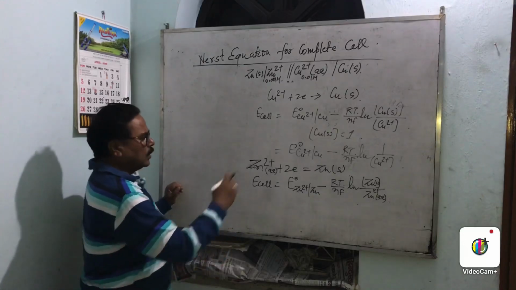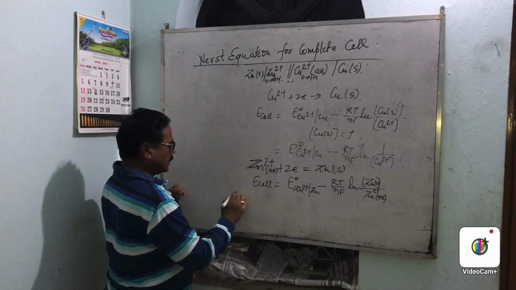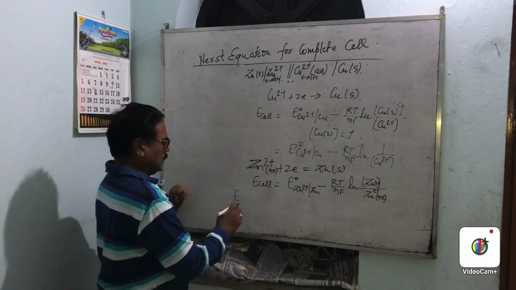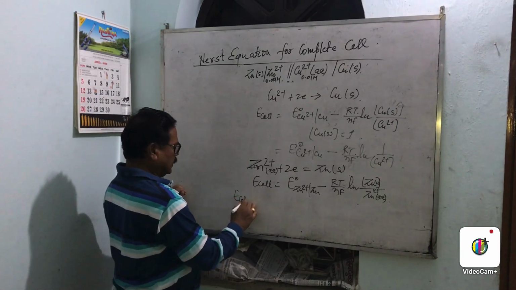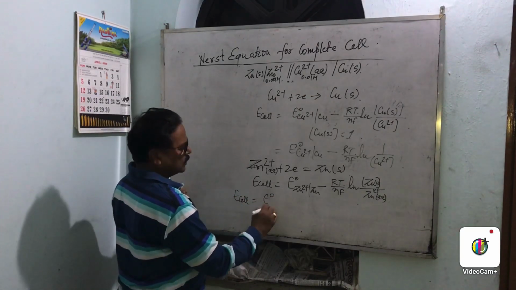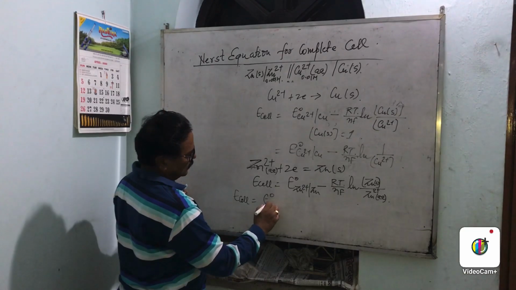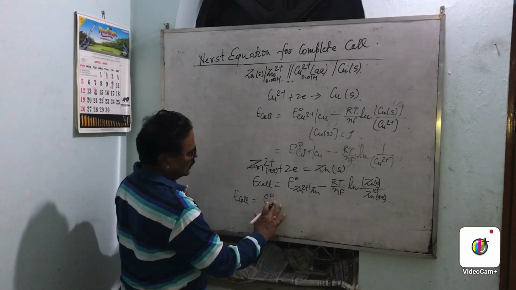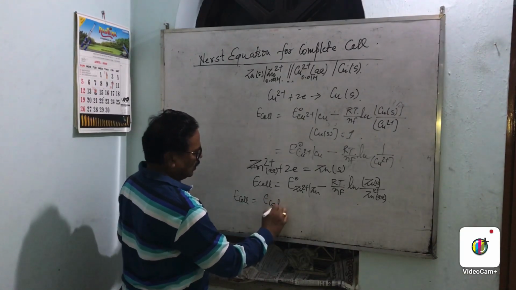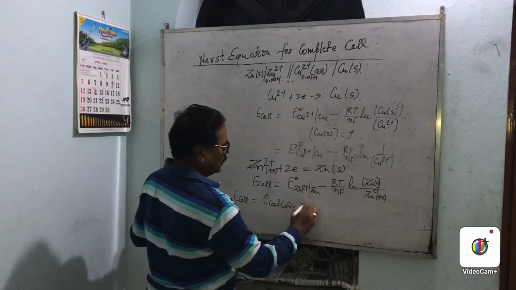Now, E cell is equal to E cathode minus E anode.